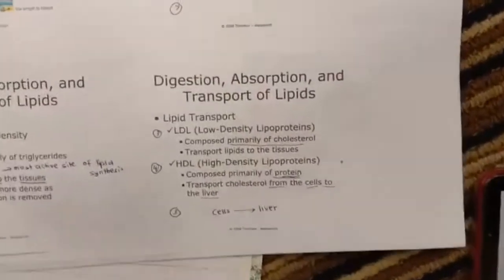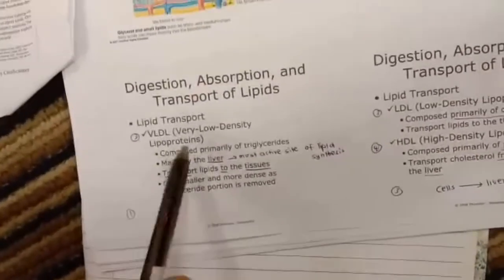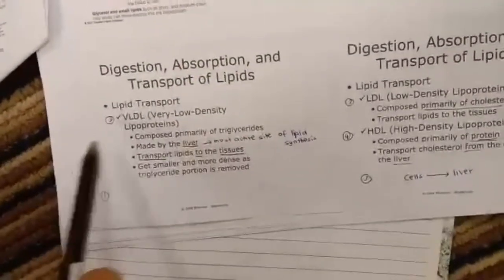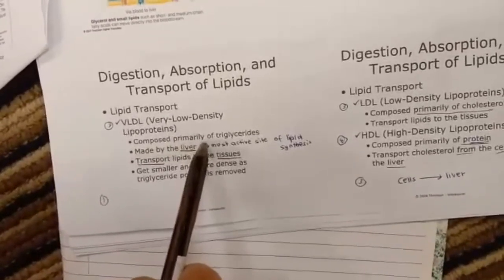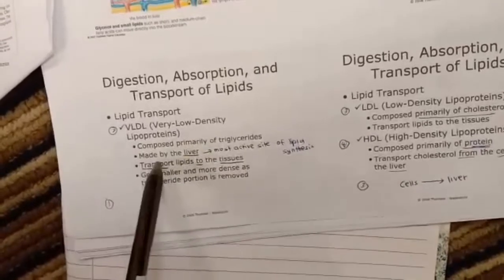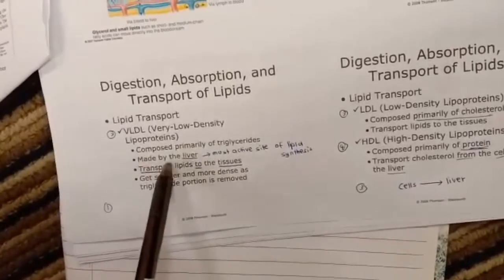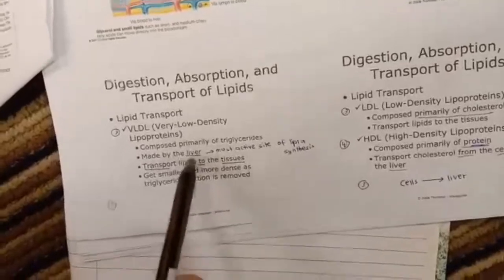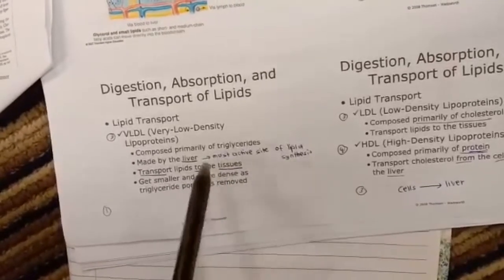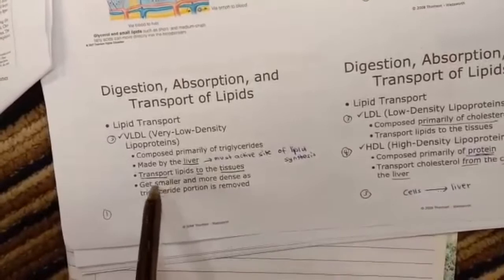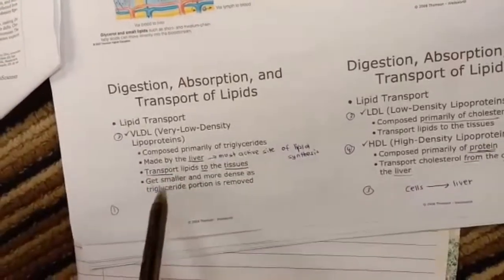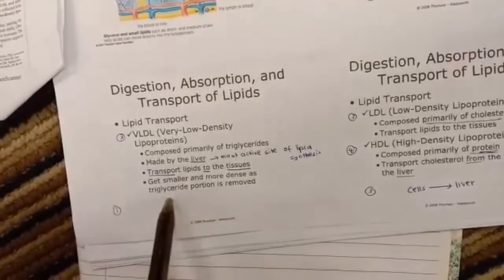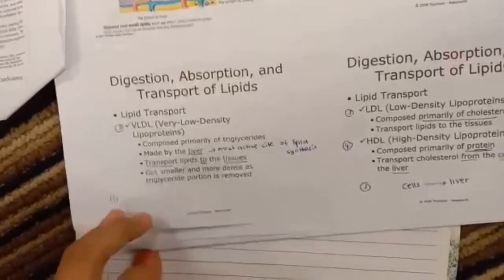Another transporter is VLDL, very low density lipoprotein, composed primarily of triglyceride and made by the liver, the most active site of lipid synthesis. It transports lipid to tissues. It gets smaller and more dense as the triglyceride portion is removed.